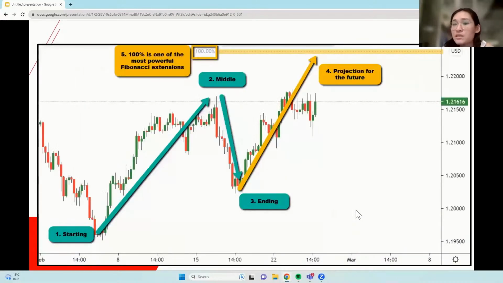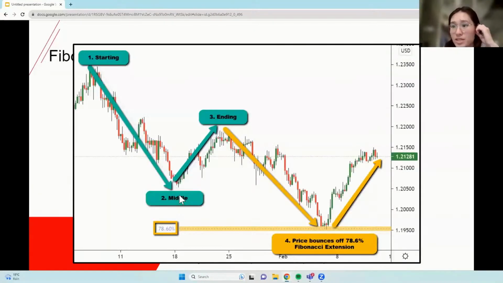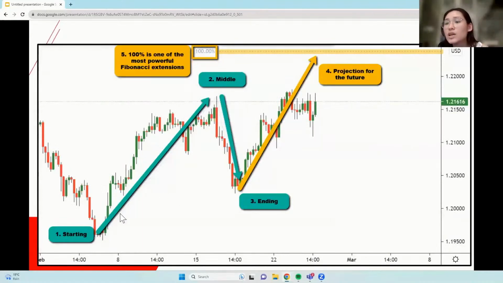Okay. Next, let's take a look at another example. This is another kind of shape of the zigzag. It's inverted now. So we have a starting point, middle point, and ending point that follows the shape pretty closely. And then we are projecting price to hit the 100% Fibonacci projection.